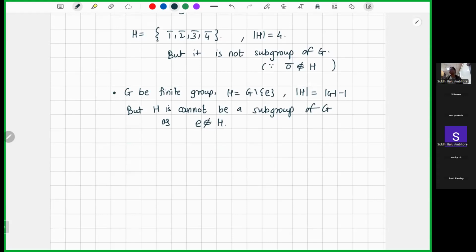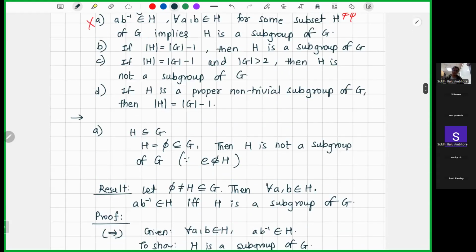Is this okay? So this statement is false, this B, that order of H is |G| - 1.